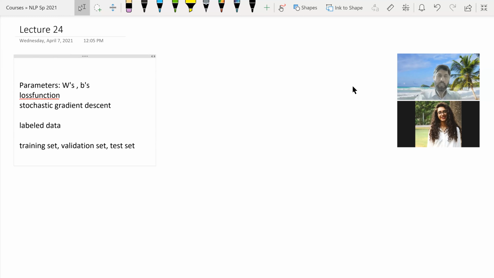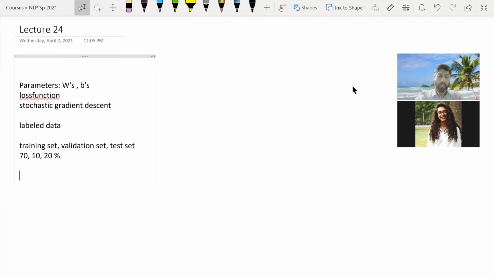So usually the percentages could be, for example, 70, 10, and 20. And we train the network. When we say we train the network, we are learning the parameters, Ws and Bs, by minimizing the loss function. We train on the training set.